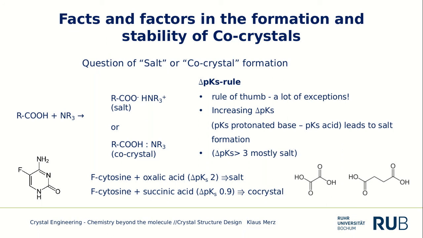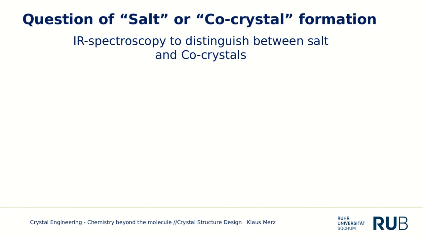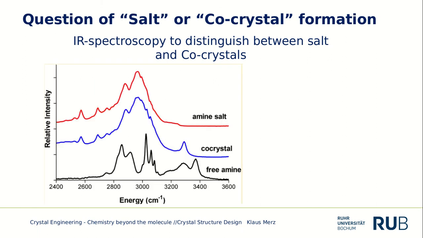So you have a crystallization product, a powder, and you want to check very rapidly, is it a co-crystal or is it a salt? One very helpful spectroscopic method is IR spectroscopy. For example, here we have intensity and the wavelengths, and this is the amine, the co-crystal, and the amine salt.